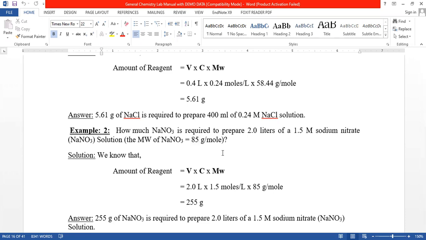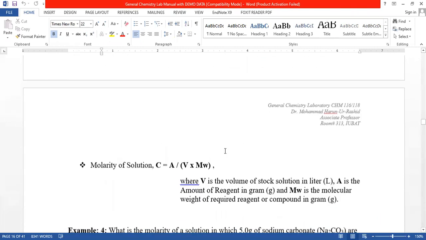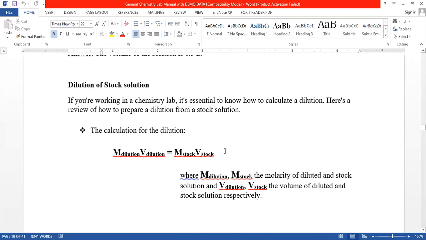So this is the basic for making the solution. And earlier I told you that whenever we need to dilute the solution, we will add the solvent. The dilution is given with the equation here. When we need to dilute the stock solution, we can easily use this equation. If you are working in a chemistry lab, it is essential to know how to calculate a dilution.